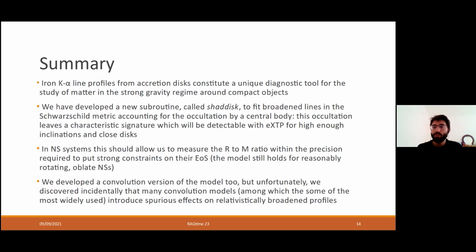But unfortunately, while we were doing that, we discovered that many convolution models and the basic convolution routines used within XSPEC, which is the most used X-ray analysis program right now, introduce spurious effects on the broadened profiles. So we are kind of cautious right now in using convolution models freely, let's say. This is all, and thank you very much for listening.